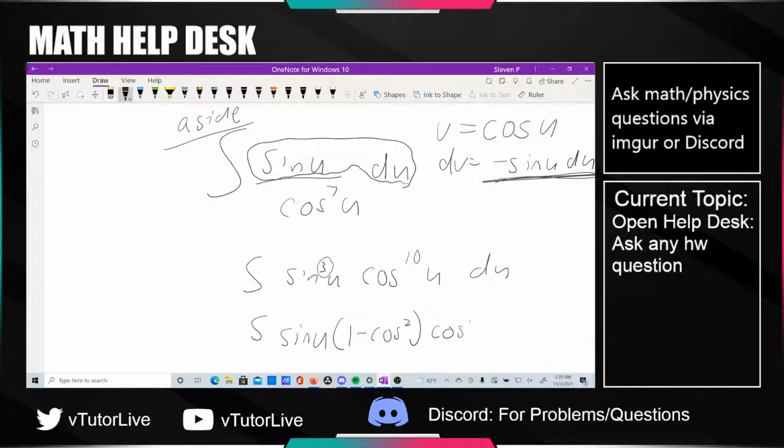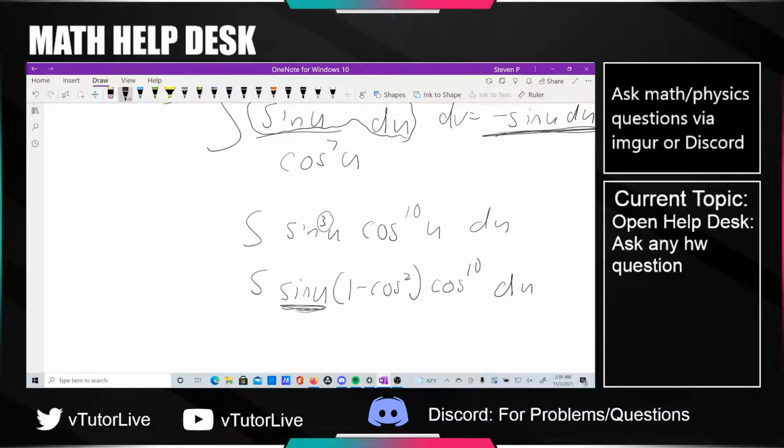And then you're left with a cosine to the 10th. So when you distribute it, this becomes cosine to the 10th and cosine to the 12th. And then the sine u for either one of them is just there to soak up the chain rule. It helps you expand via chain rule.